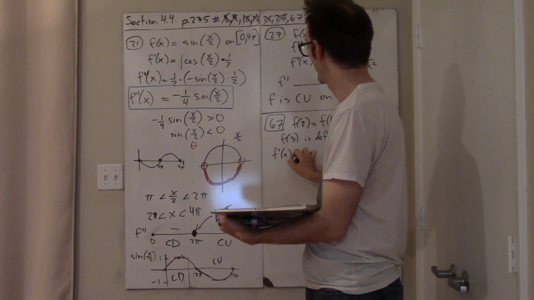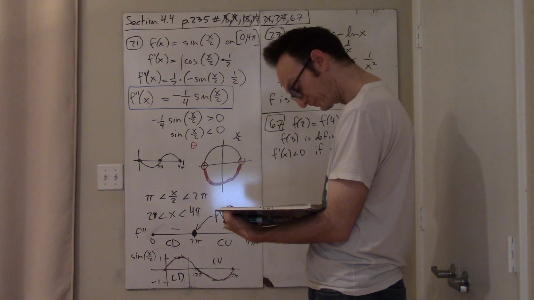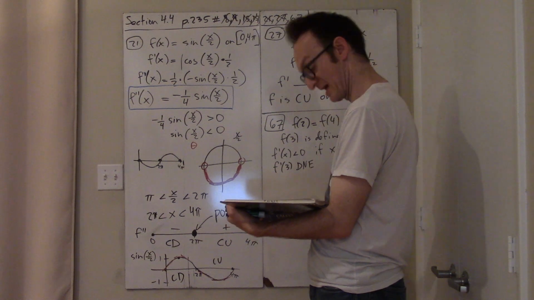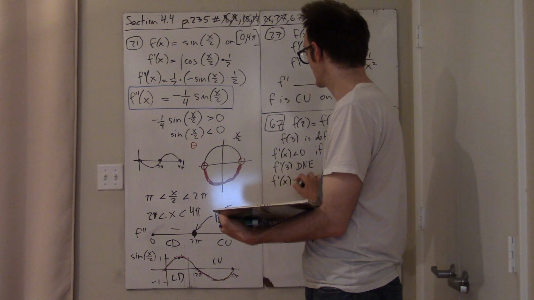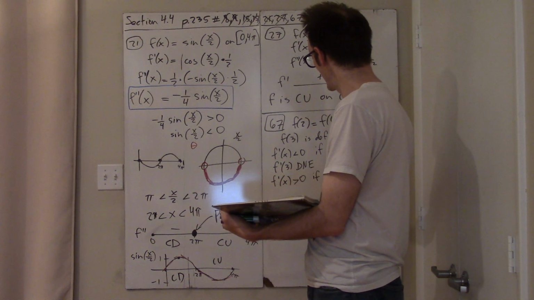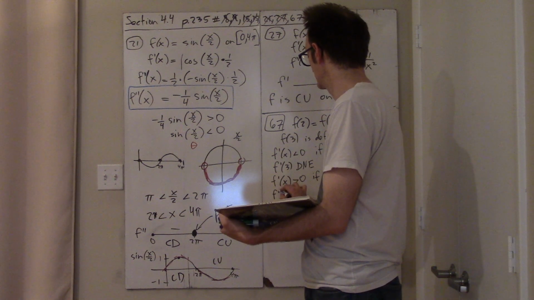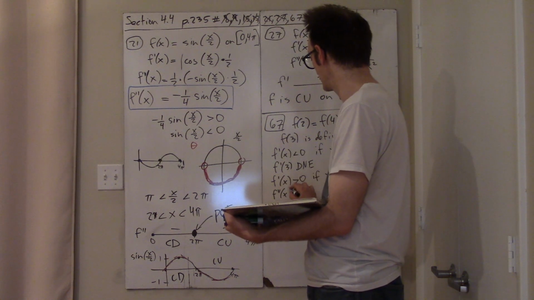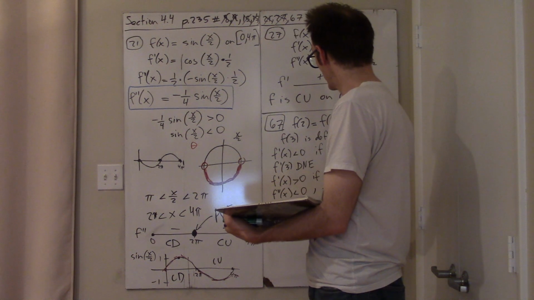F prime of 3 does not exist for some reason. The derivative is positive if x is greater than 3. And the second derivative is negative everywhere if x is not 3.